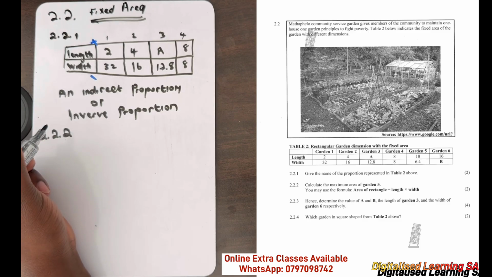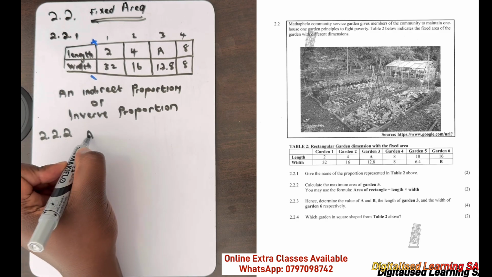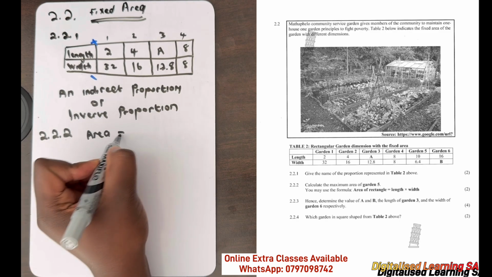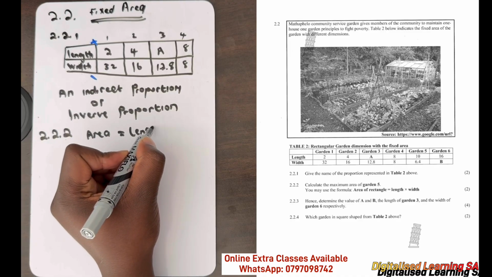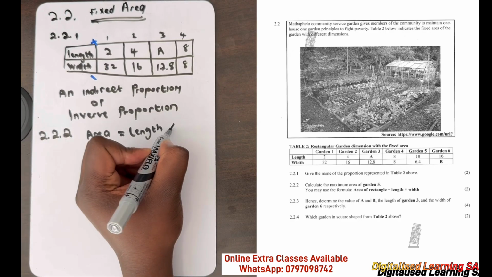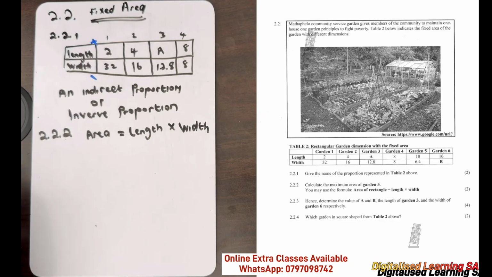Question 2.2.2 says, calculate the maximum area of garden 5. You may use the formula area equals length multiplied by width. We are looking for the area of garden 5.